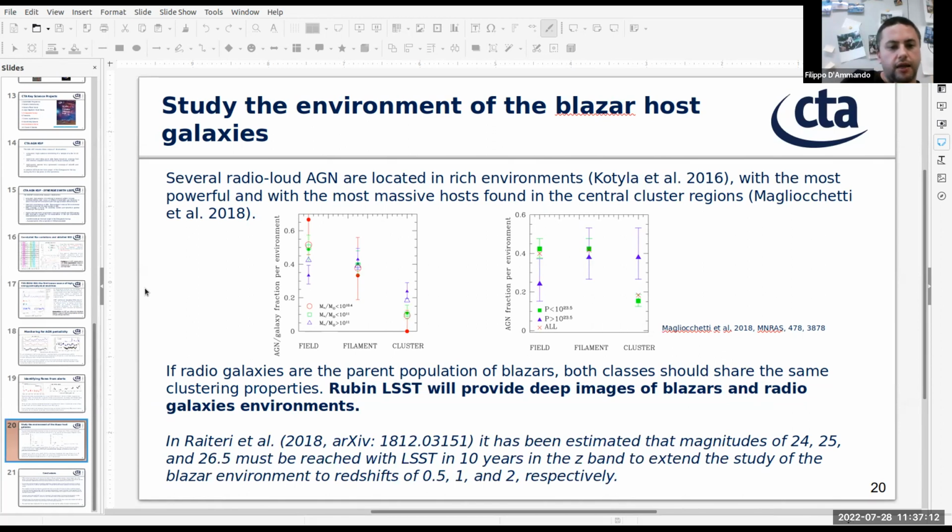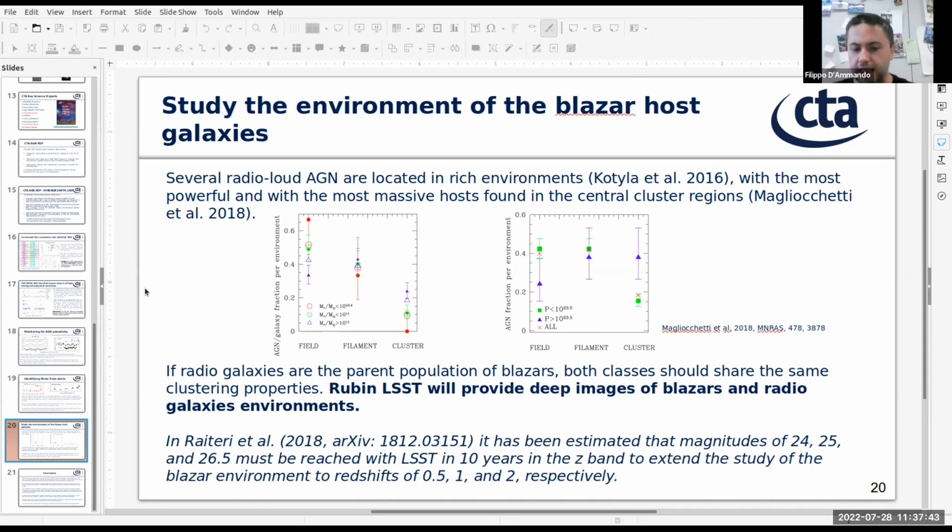It's the study of the environment of the blazar galaxy, collecting year and year of data with LSST, and so the possibility to compare the environment of blazars and radio galaxies with LSST Rubin can be important to confirm or not if radio galaxies, which should be the parent population of blazars, share the same clustering properties.